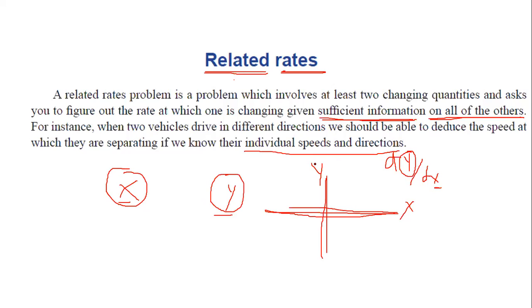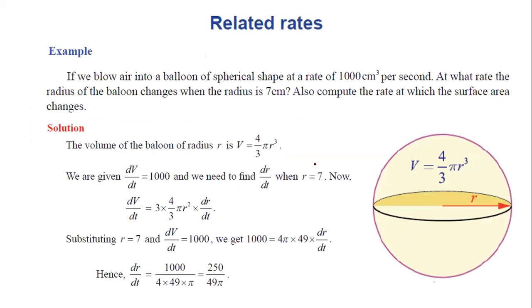We will discuss a few problems in related rates. First example: if we blow air into a balloon of spherical shape at the rate of 1000 centimeter cube per second, so it is the rate of change.